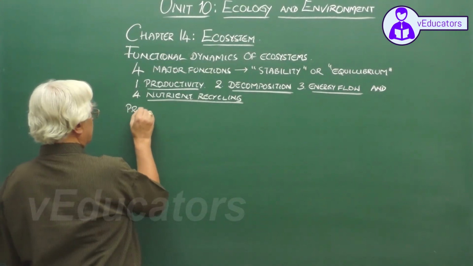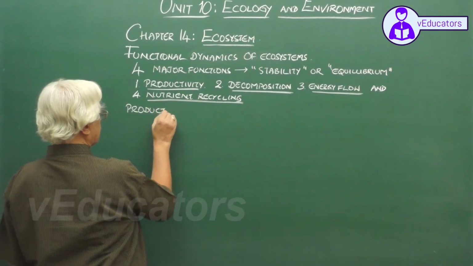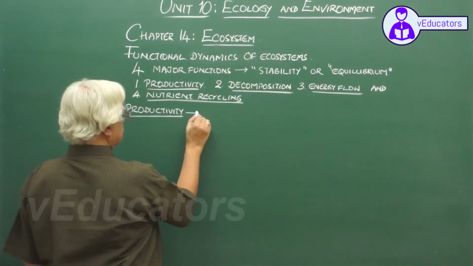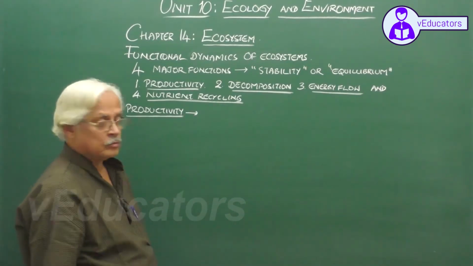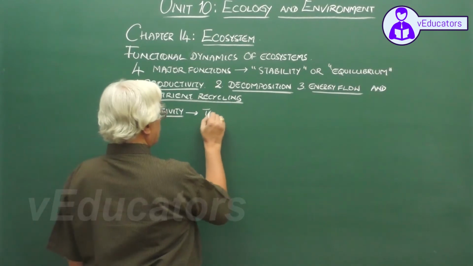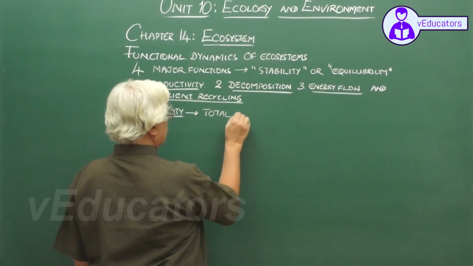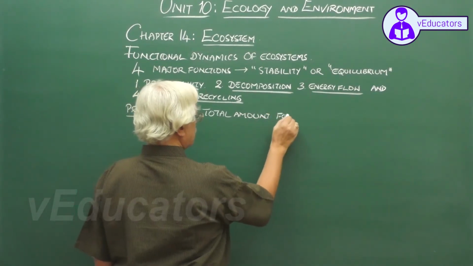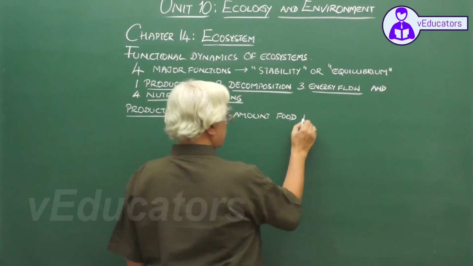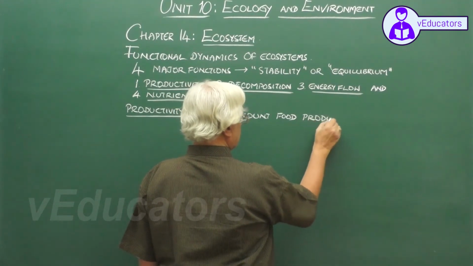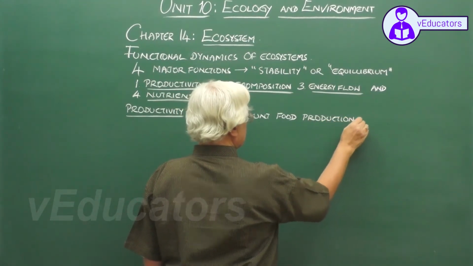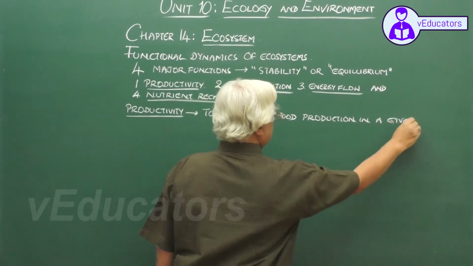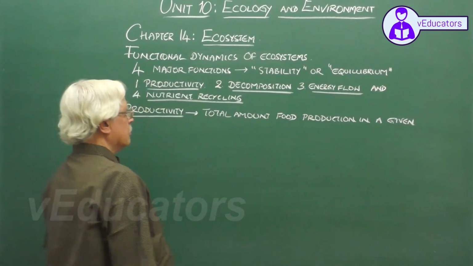The term productivity refers to the total amount of food production in a given ecosystem.